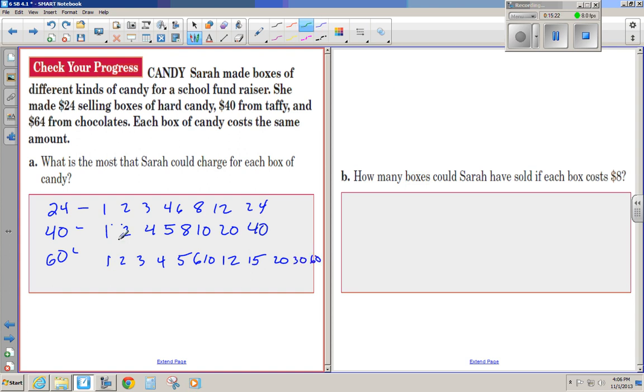So all of those factors, 1, 2, oh, not 3. So 1, 2, 4, let's see, 8, let's see, 12, no, 20.